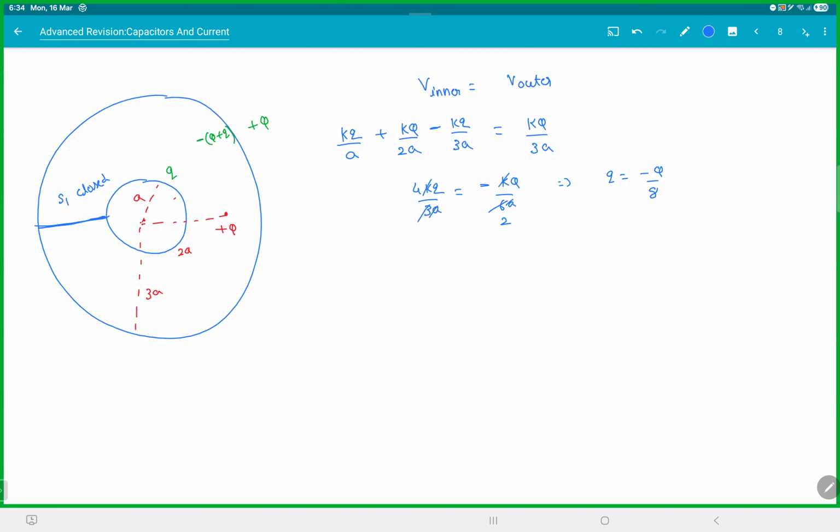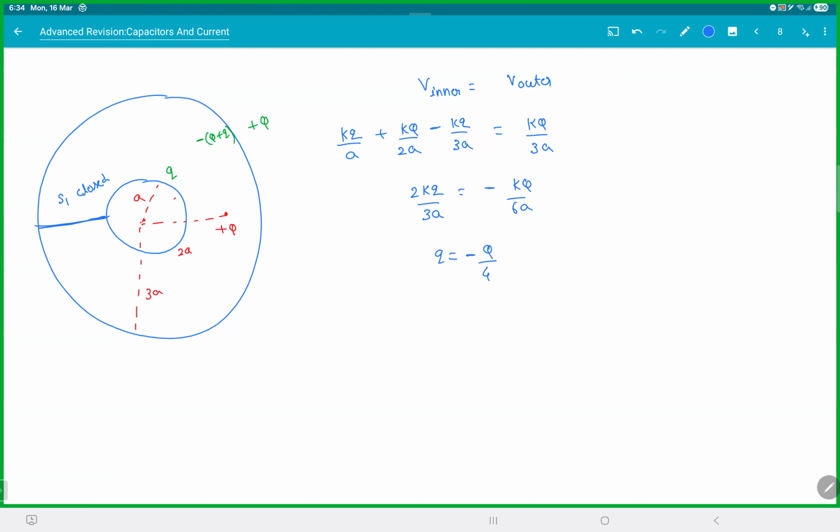Yeah, minus double. Then that will be 2kq by 3a minus kq by 6a minus q by 4. There. These are the final charges when you close the switch.